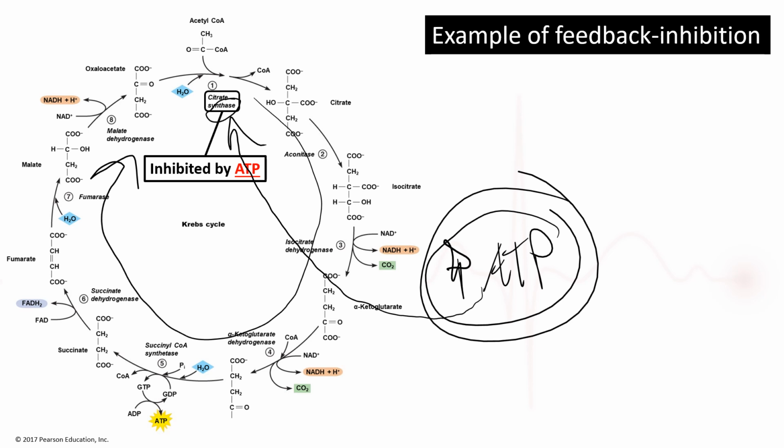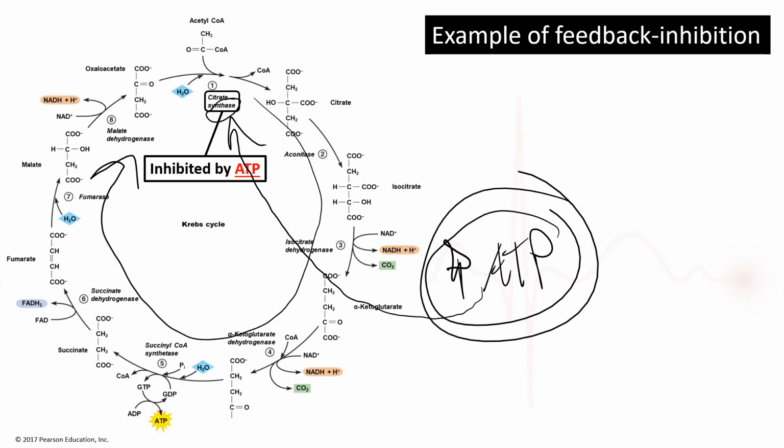And if there's plenty of ATP inside of the cell, then we don't need this whole series of chemical reactions to be occurring. So ATP, the end product that's created by the Krebs cycle, will actually go back into the Krebs cycle and shut down the rate at which it can run. That is the basics of what feedback inhibition is.